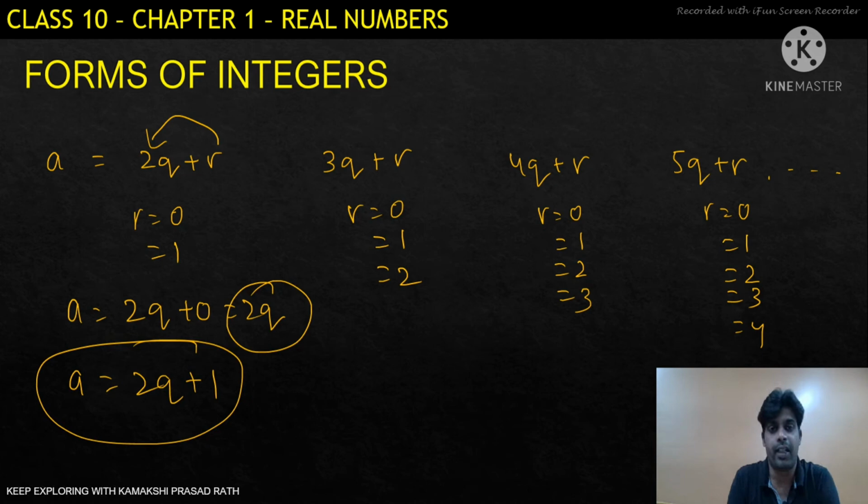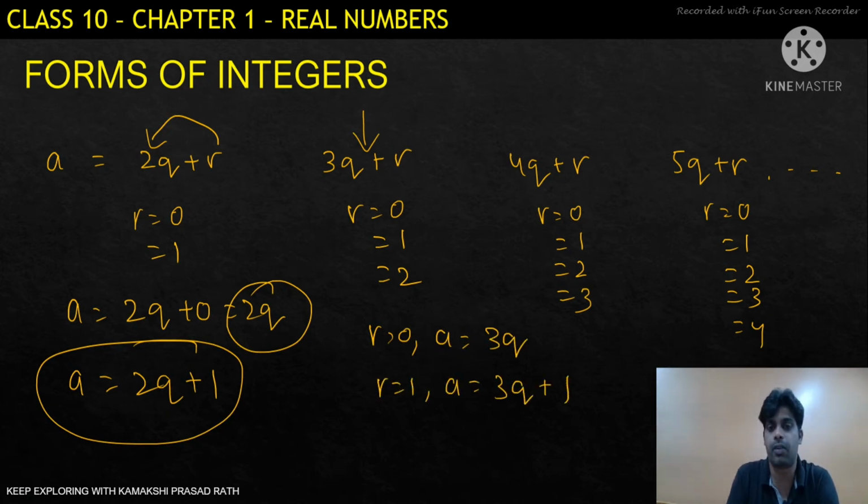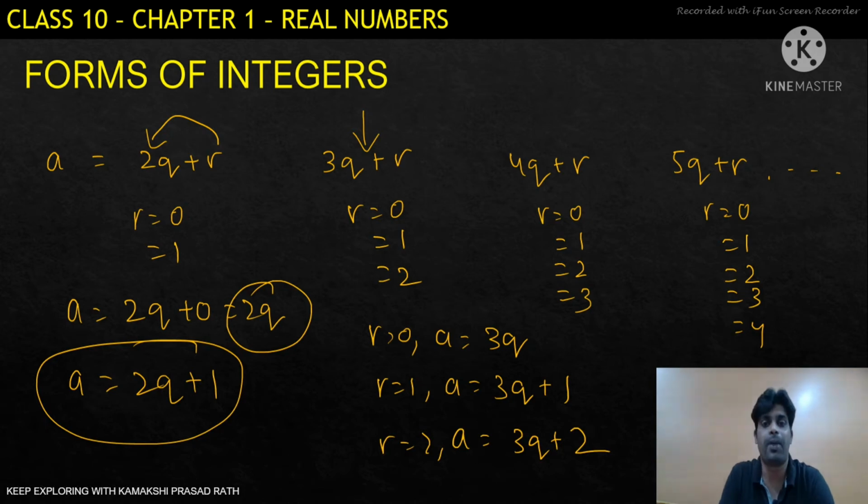Similarly, now the remainder is 0, so I will write a equals 3q. When the remainder is 1, a I will write as 3q plus 1, and when r equals 2, that is the remainder, it becomes 3q plus 2. So in place of r we are just substituting these values. So 3q, 3q plus 1, 3q plus 2 and so on.